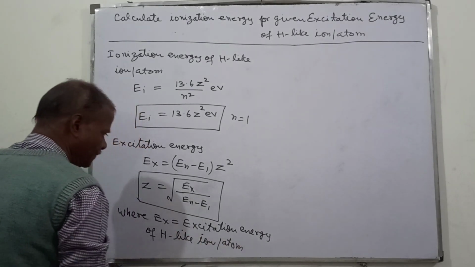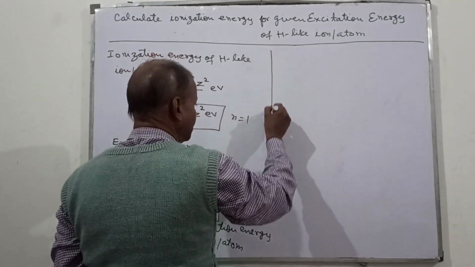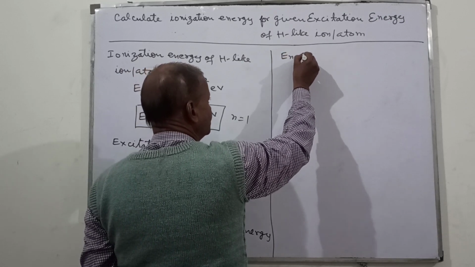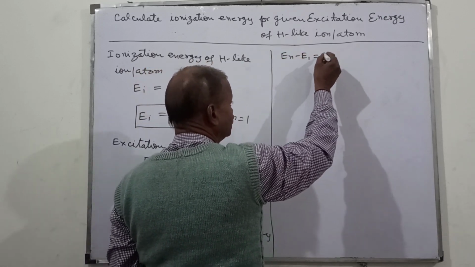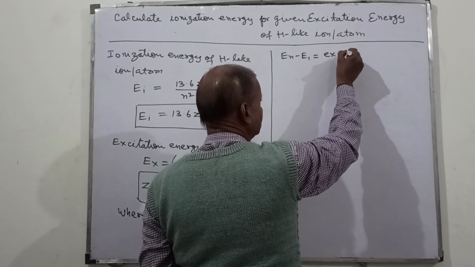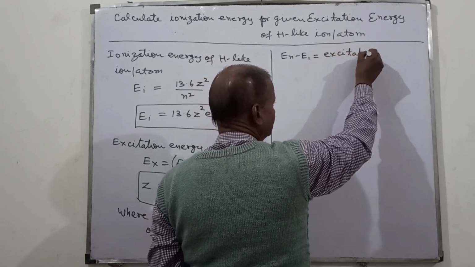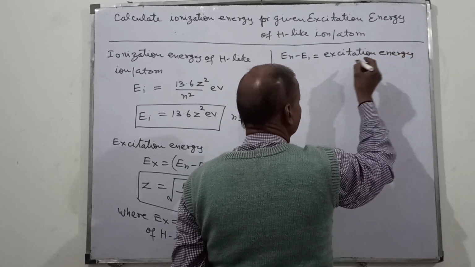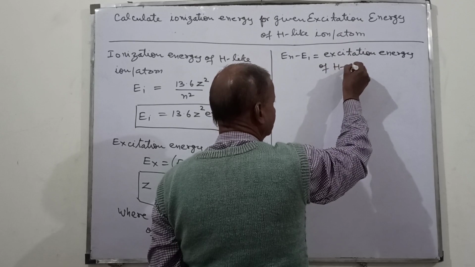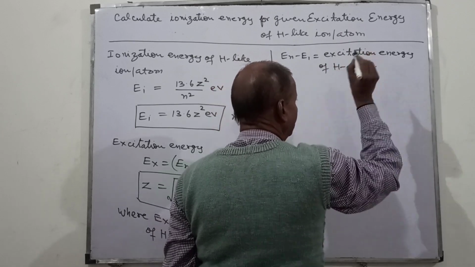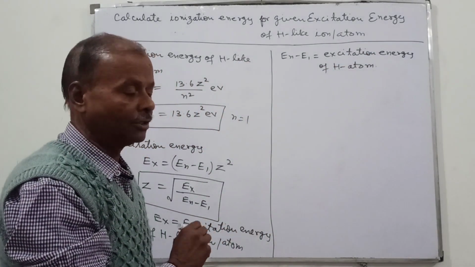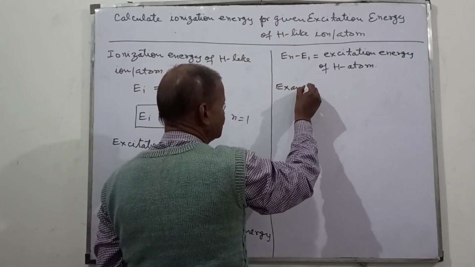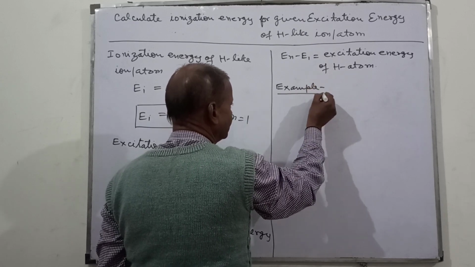This will be given to you, and this En minus E1 is now the excitation energy of hydrogen atom. Right? Now I take the example. This will be better to understand with the help of an example.